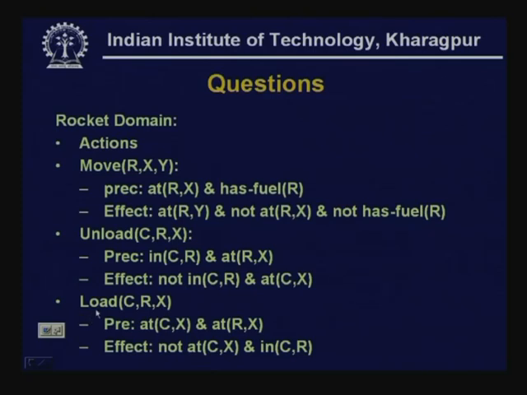Third action, load C r x: precondition is at C x and at r x, effect is not at C x and in C r. So, we have 3 actions: move rocket from x to y, unload cargo from rocket r at x, and load cargo in rocket r at x.